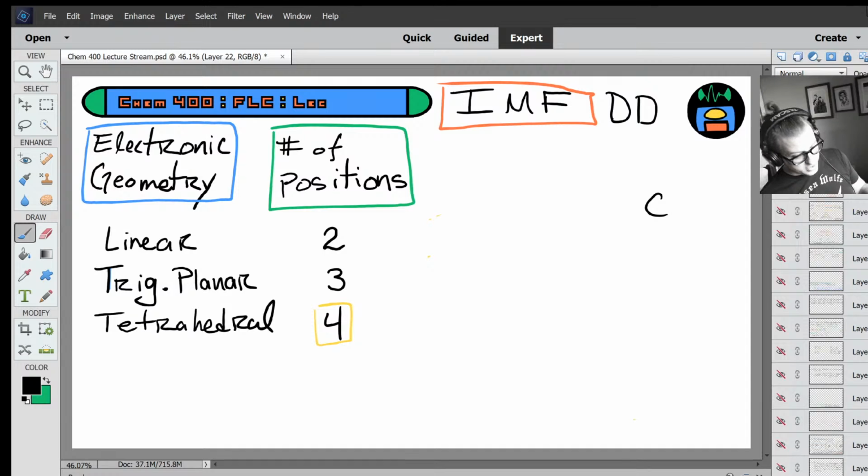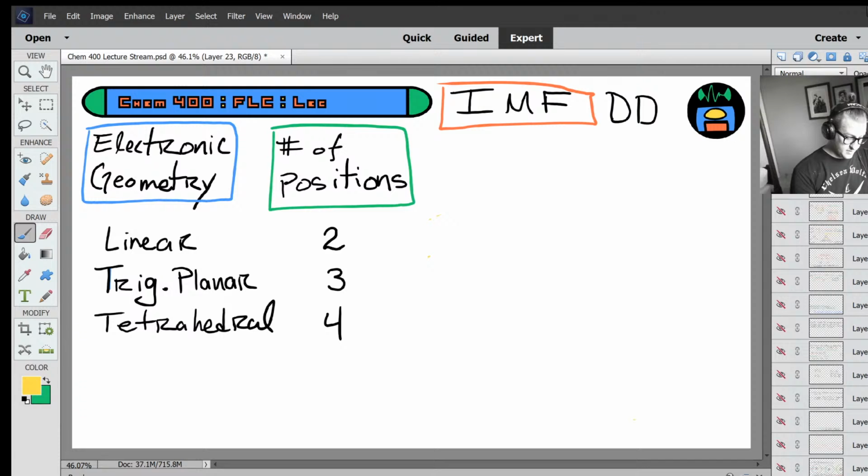Kate, great question. What if there are lone pairs on the central atom? Let me throw up another trigonal planar example. Lone pairs on the central atom totally have an effect. All right, so let's look at another trigonal planar example.